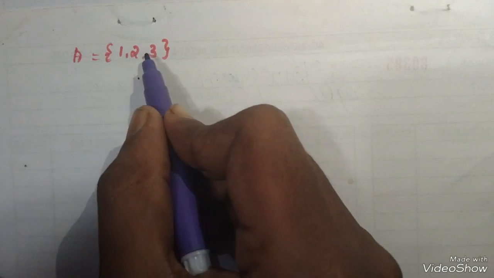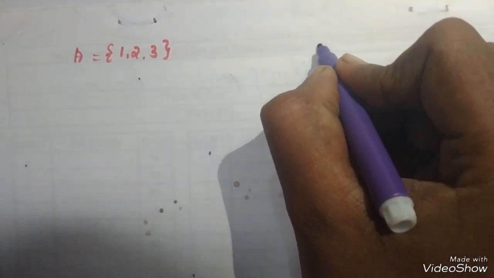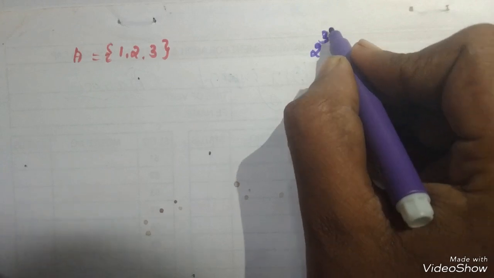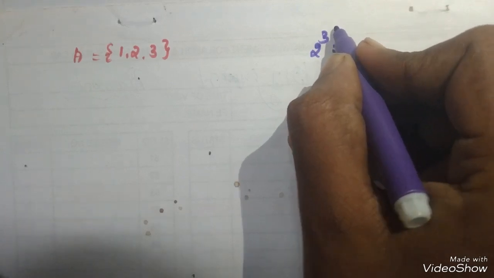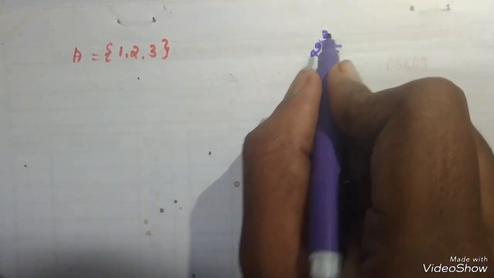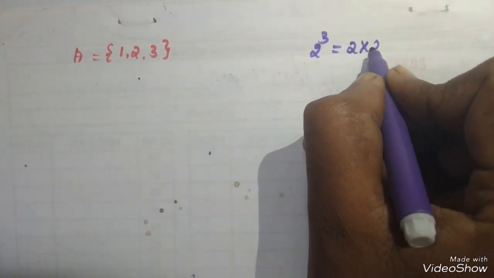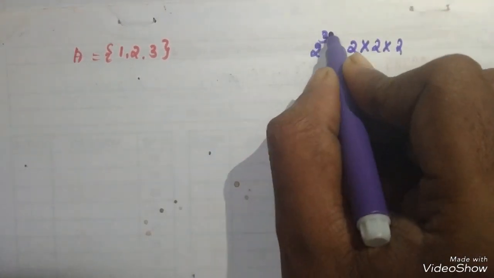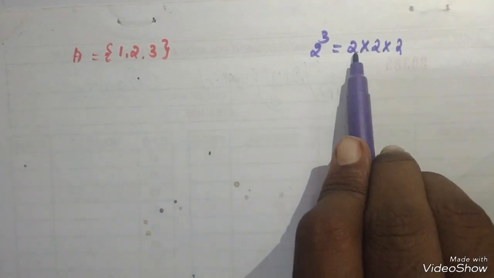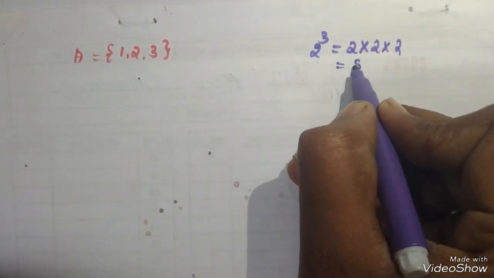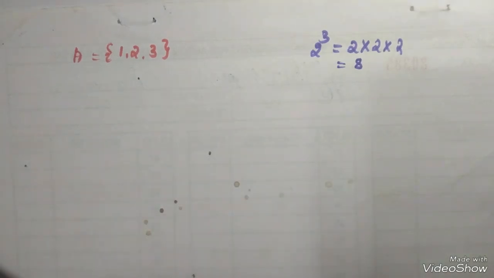How many elements are there? There are 3 elements, then 2 to the power 3, because in 2 to the power n, n is the number of elements. 2 to the power 3 means multiply 2 by 3 times. 2 2s are 4, 4 2s are 8. Therefore there are 8 subsets.